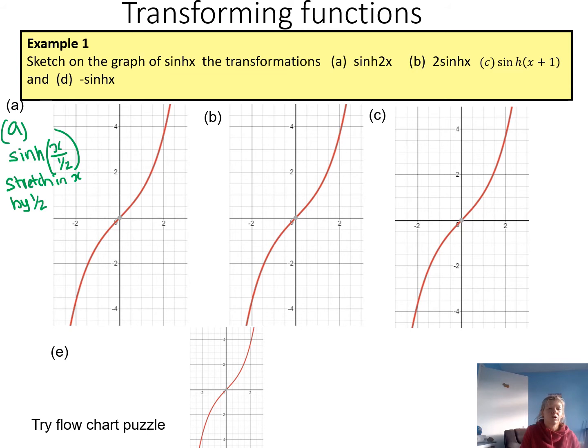So any x coordinate we're going to now half it. So when this was 2, now it's going to be at 1. Let's pretend that was like 2 and 1.8, it isn't, but now it would become 1 and 1.8.